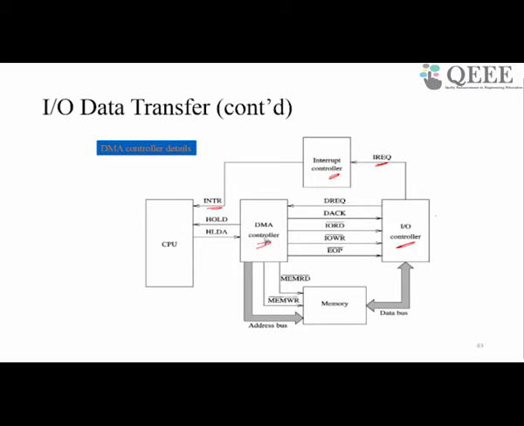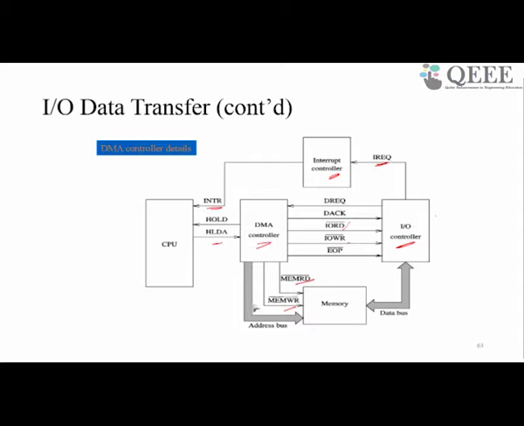Whereas the DMA controller uses the following signals: hold and hold acknowledgement to control the CPU, data request and data acknowledgement between the IO device and the DMA, then IO read, IO write commands for the IO, and memory read and memory write commands for the memory.